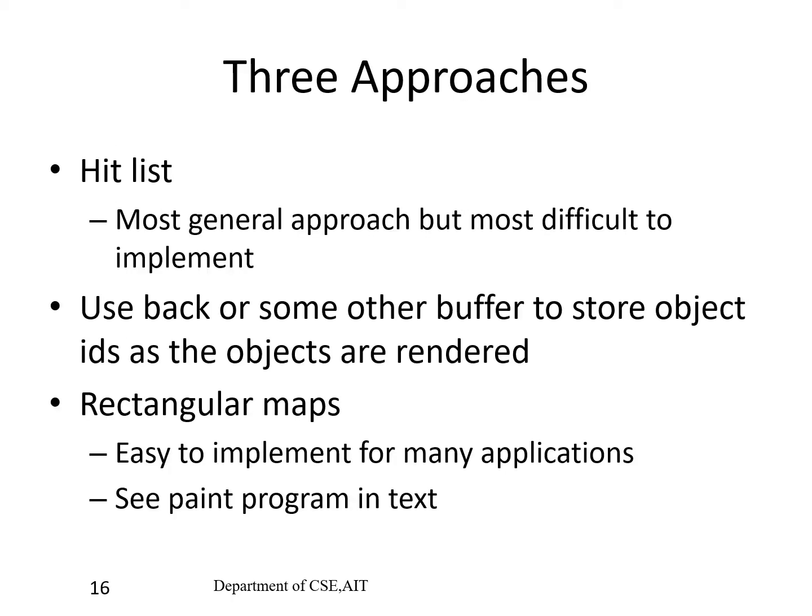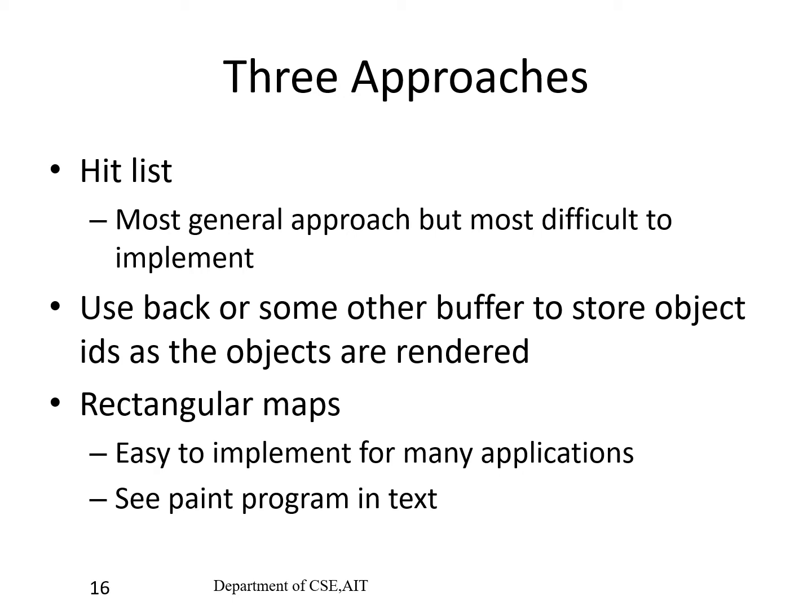For picking, we can make use of three approaches. The first approach is the hit list approach. That means whenever we come across the object that has to be selected, that will cause a hit, and then we are going to store that. Or you can also go for having a buffer, and based on the IDs you have given to each object on the screen, whenever we come across an object, that particular ID has to be stored, and then it has to be rendered.